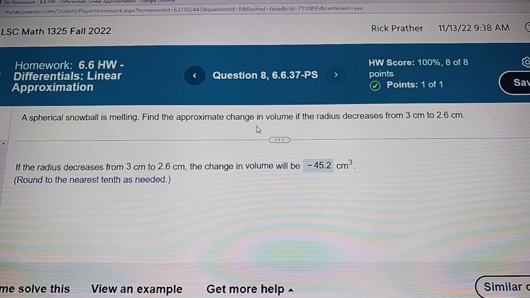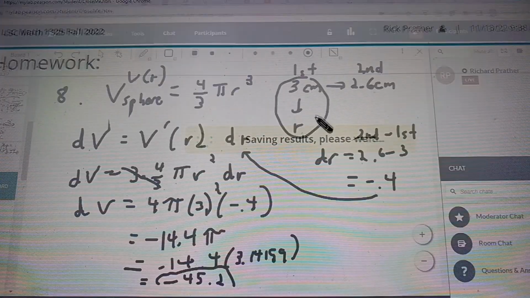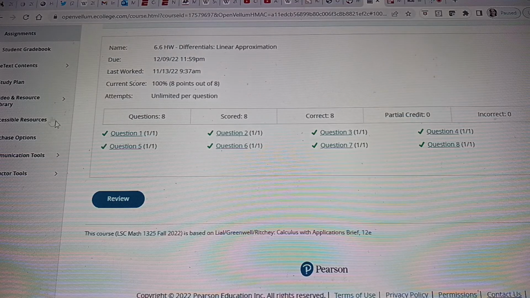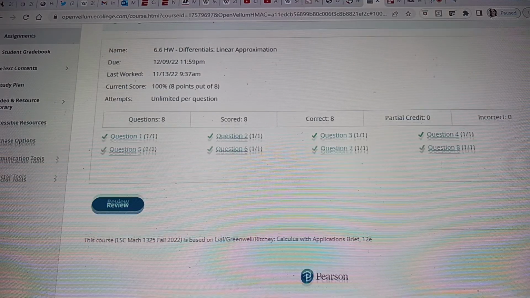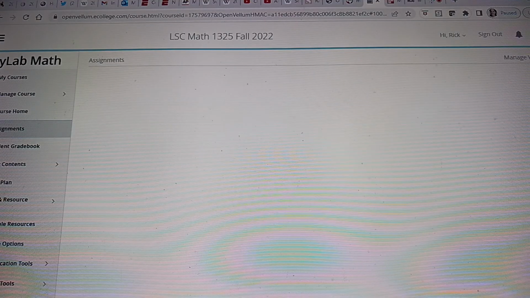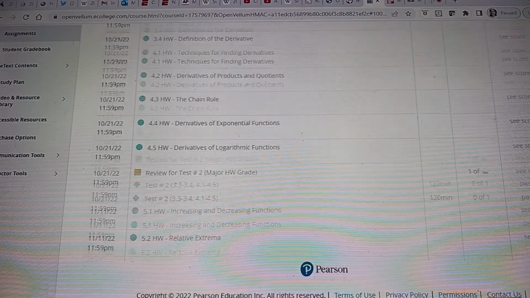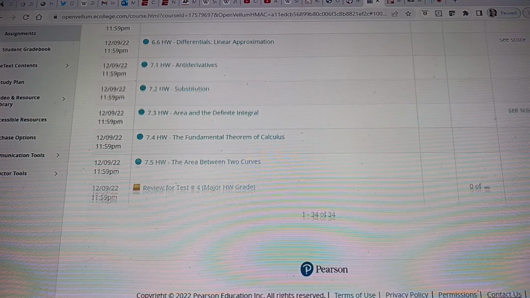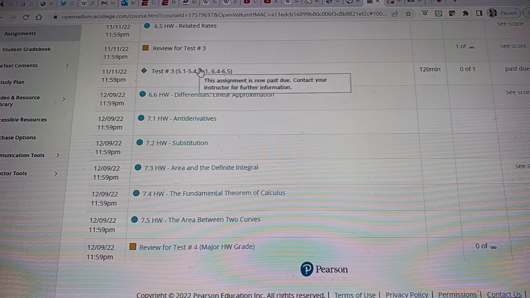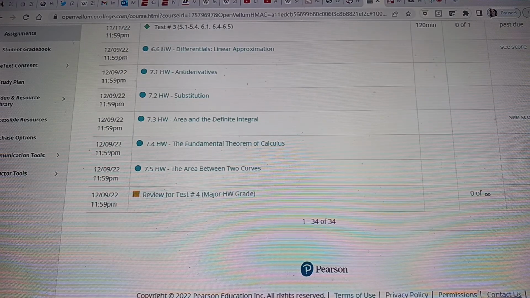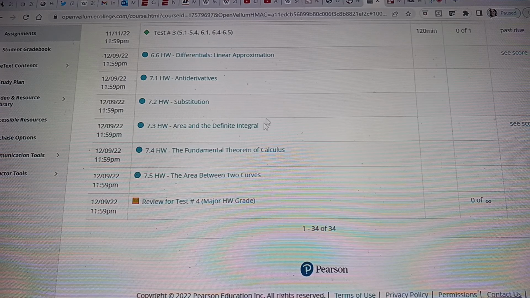Okay, so a lot of word problems in this section. There were only 8 of them, luckily. So we'll save that and got 100 on that assignment now. That's the first of 6 assignments that remain in our fourth and final unit. So we just completed test 3. And now we're in this final unit here, 6.6, and then we're going to be doing 5 sections of chapter 7.